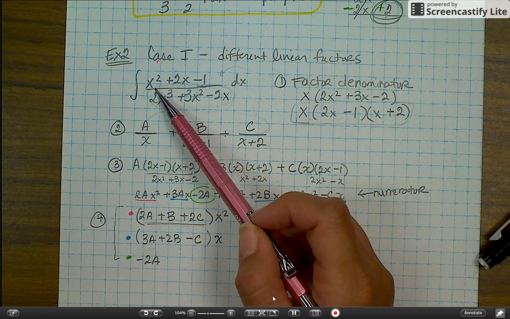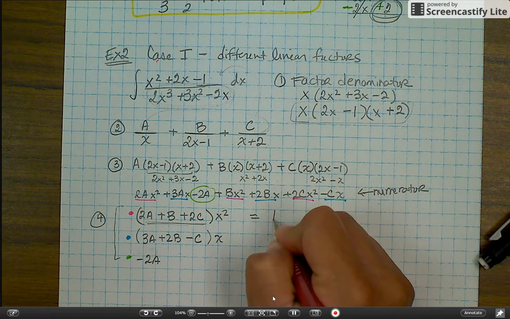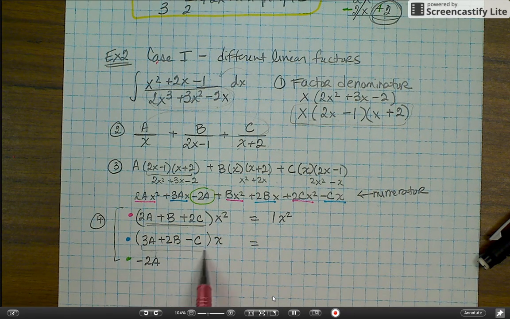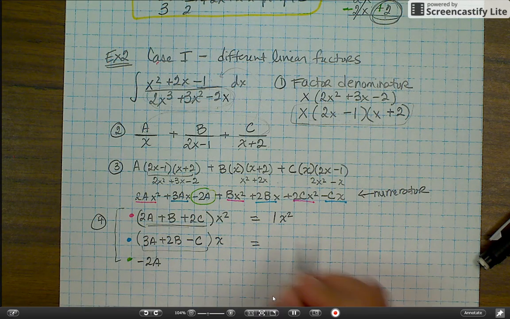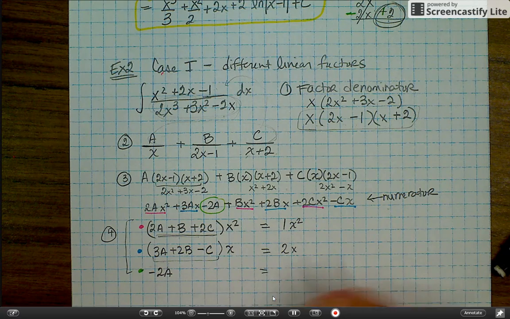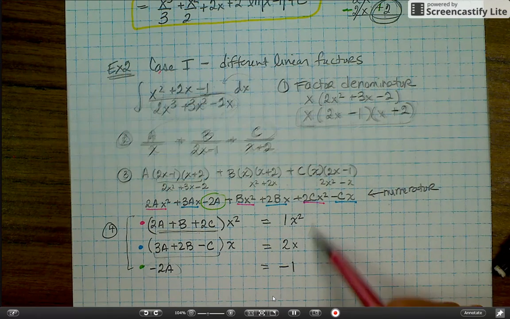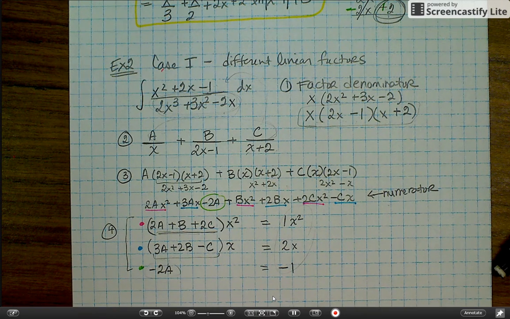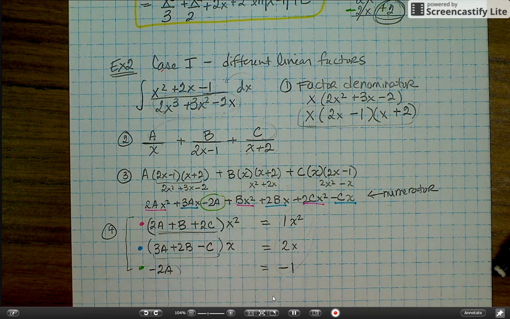In my numerator, this is supposed to equal 1x squared. What is this coefficient supposed to be? 2. So this is going to be 2x. And what is this expression? There's no coefficient, so what is that supposed to be? -1. Okay, so I'm stealing all of this from my numerator, which is going to help us solve what A, B, and C are.